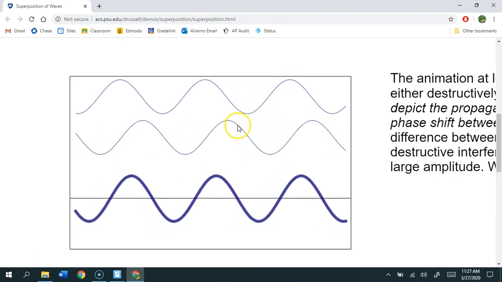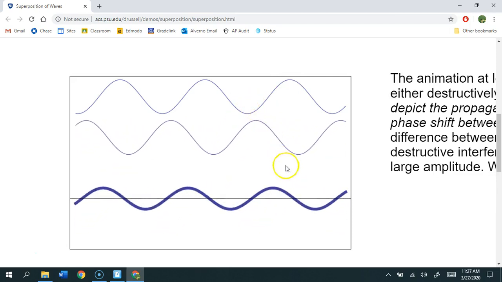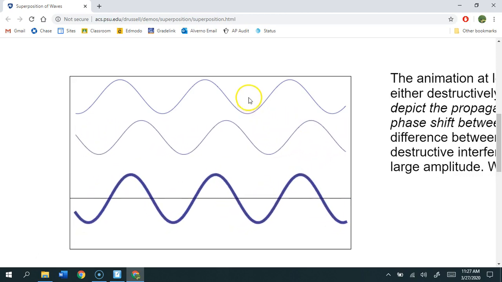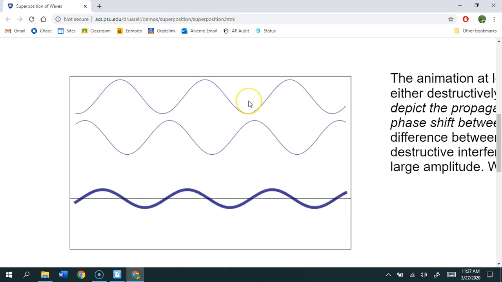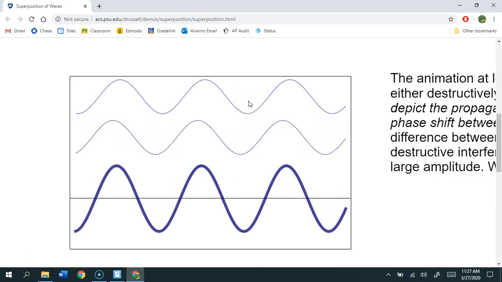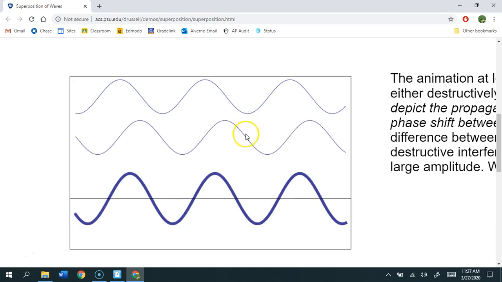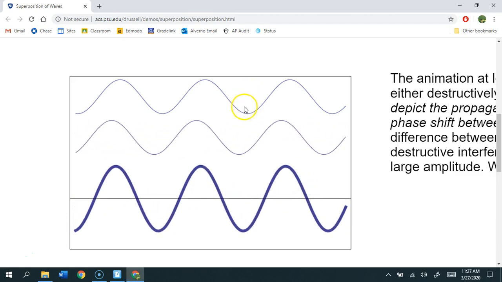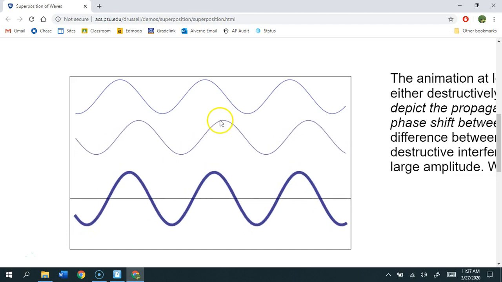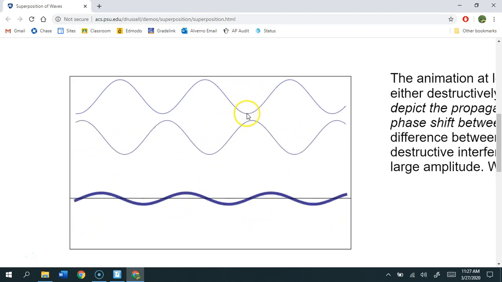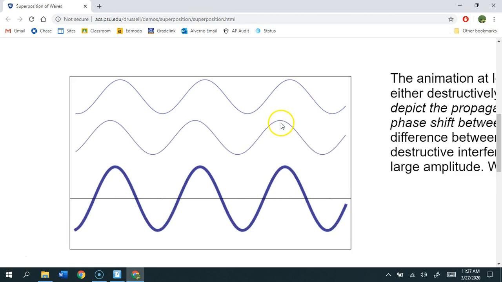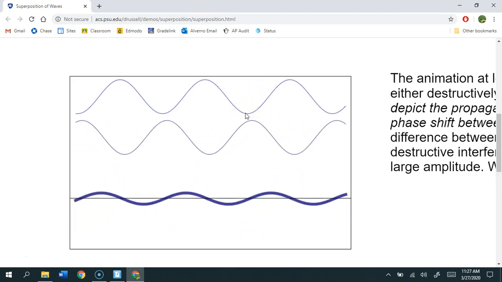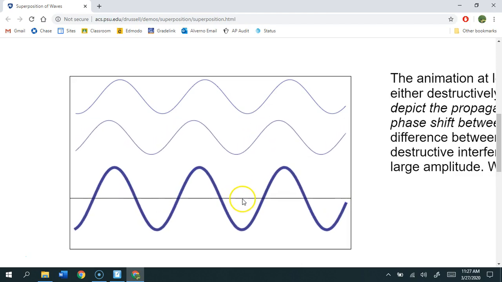So if the bottom wave, the second wave, has an amplitude of, let's suppose, +5, then the other one has a distance from equilibrium of -5 while it's at its crest here, right? So you'll notice that as soon as the crest crosses the trough, +5, -5 respectively, there's a 0.